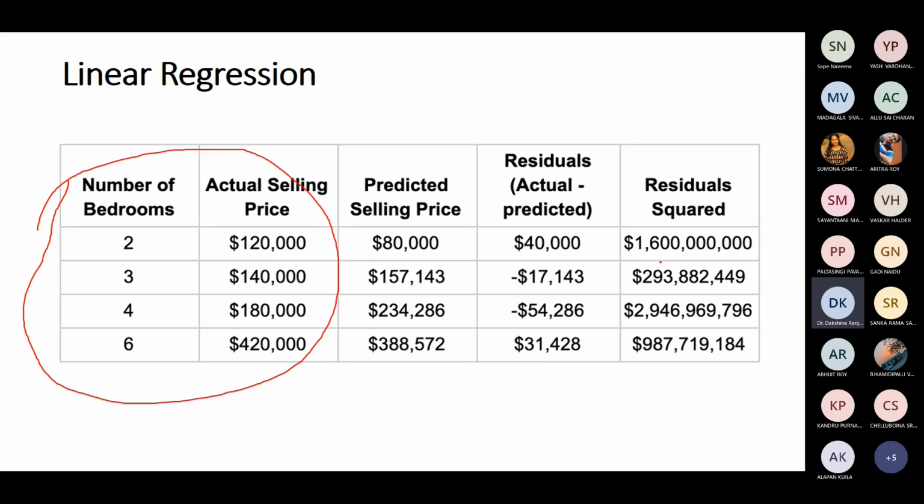Now from this outcome, we can see that for some combination of this two-dimensional data, we can get the minimum residual sum of square.